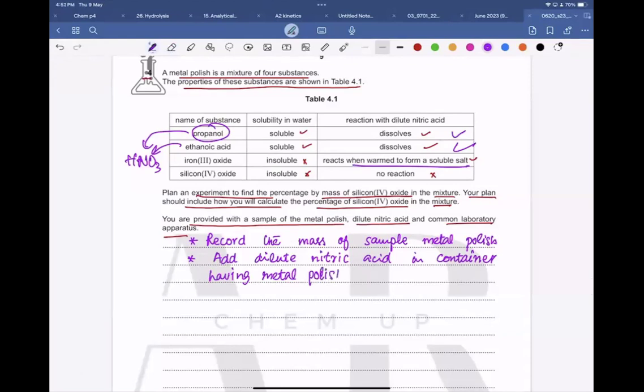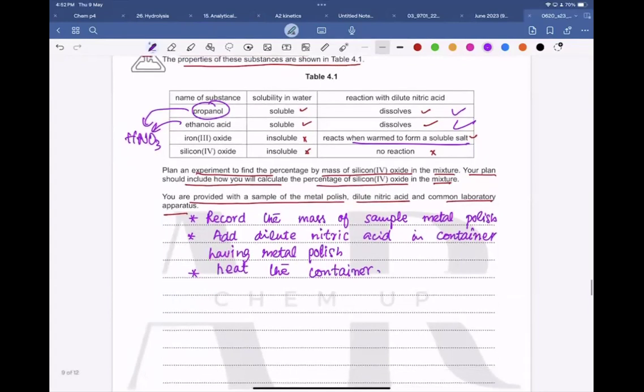Now after this, what will I do? I'm going to heat the container. So what will happen on heating? On heating, see this iron 3 oxide also gets dissolved on heating, right? So it means now the solid left is only silicon 4 oxide.